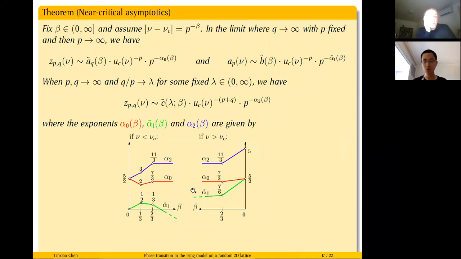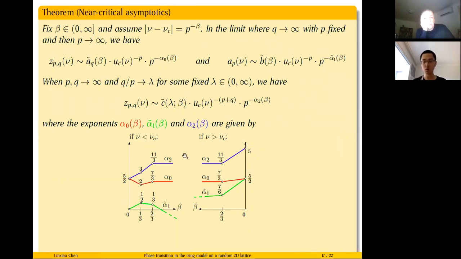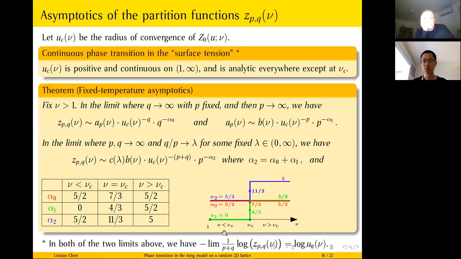The reason that I draw the graphs in this strange manner is that in this way it can be conveniently embedded into the graph that we saw on the previous page. On the previous page, we said that these exponents are piecewise constant functions, which jump suddenly at nu c.